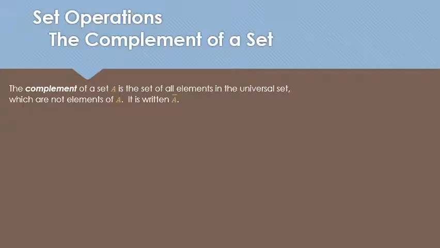The complement of a set A is the set of all elements in the universal set which are not elements of A. And we write that with just an overline on the A. So overline A. Since this definition depends on what the universal set is, this is going to depend on what the universal set is, and so we'll have to be very careful that that's clearly defined or given to us.